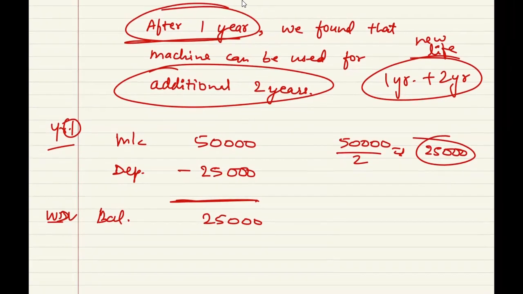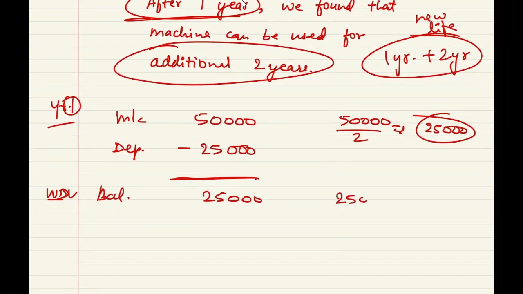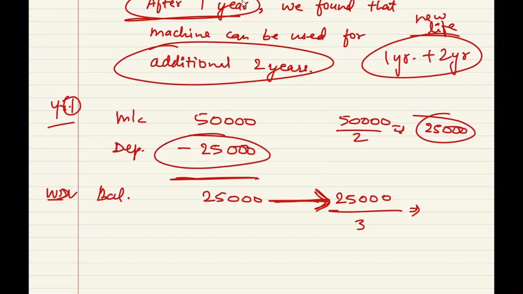So now I will recalculate my depreciation. The WDV, whatever is left, 25,000, would be divided by 3 years. So now I will not charge the 25,000 of depreciation, but I will charge 25,000 divided by 3. That would be 8,333 rupees.